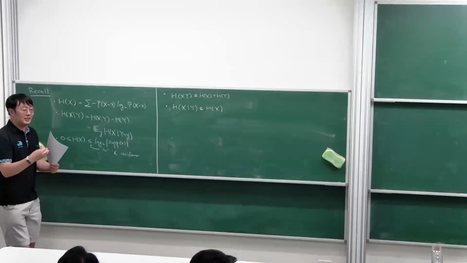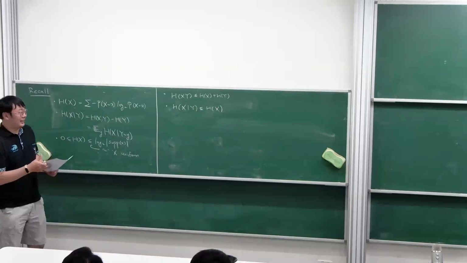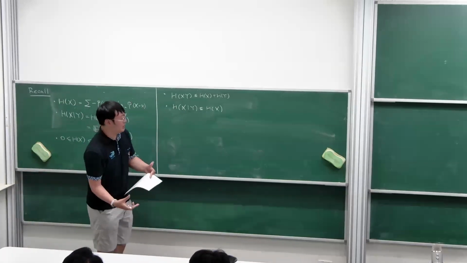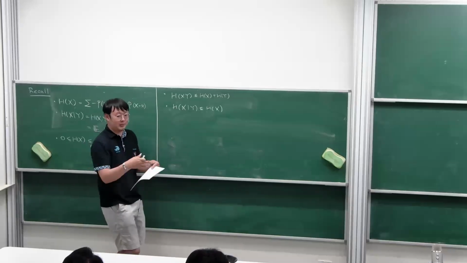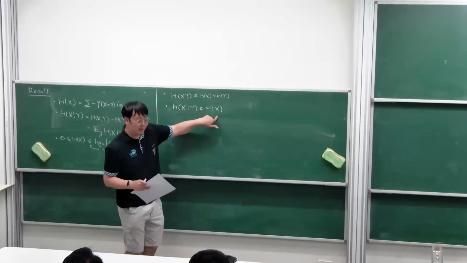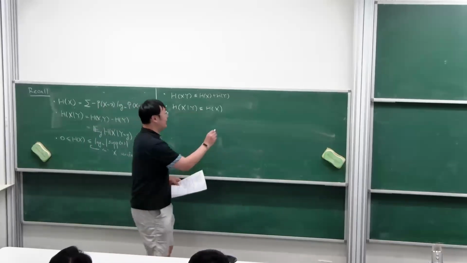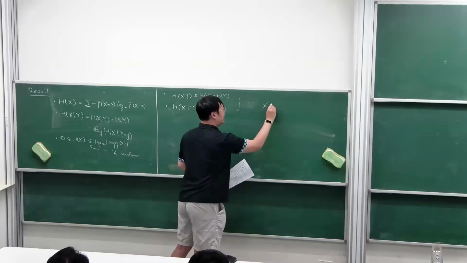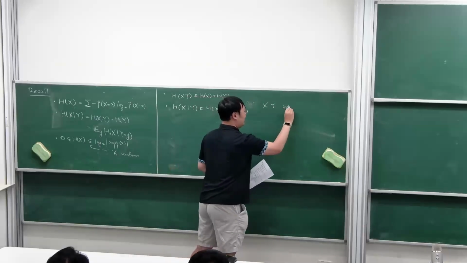So basically, these two say that no matter what, suppose you already know Y and you want to use some more bits to encode the information of X, you can just ignore all the parts about Y and just encode X. So the conditional entropy is always upper bounded by the entropy itself, and these two equalities hold if and only if X and Y are independent.